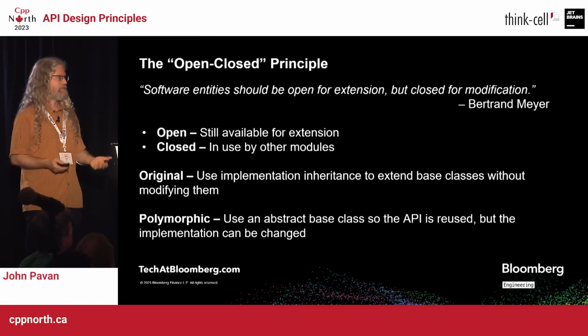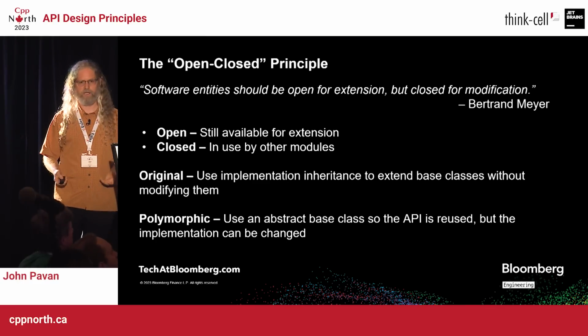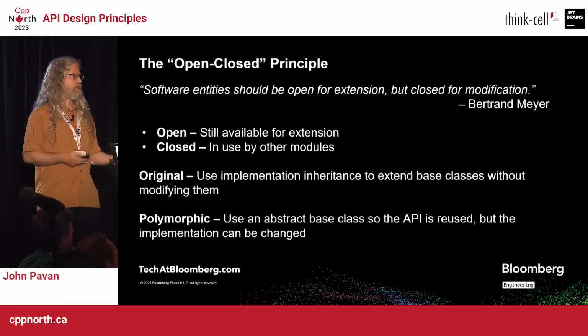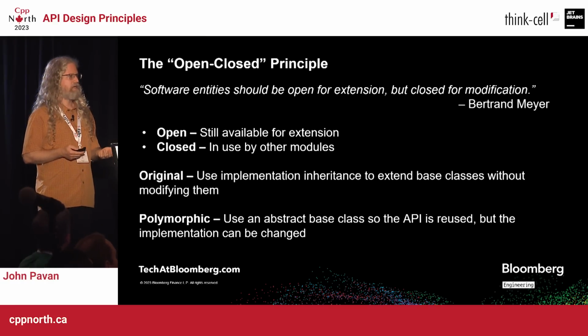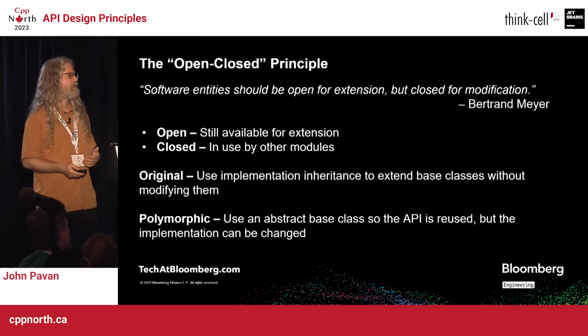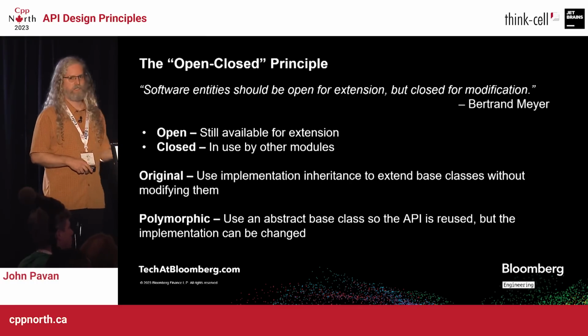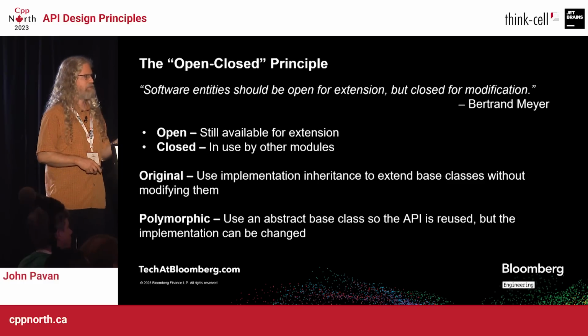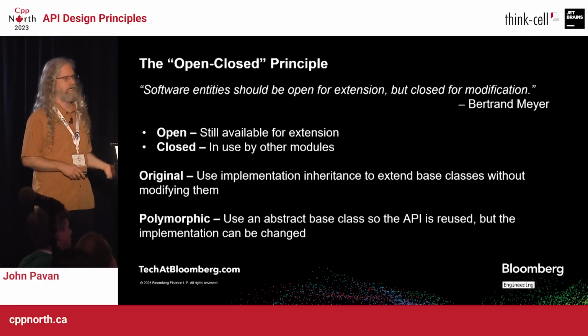More recently, there's a much more modern polymorphic version of this, which is that you should use an abstract base class so that the API can be reused, but the implementation can be changed. This ends up being very helpful, not just for hiding implementation differences between platforms or different versions of your library, but also makes it a lot easier for people that are writing tests, because it makes it easier to mock things out, or easier for you to provide mocks.